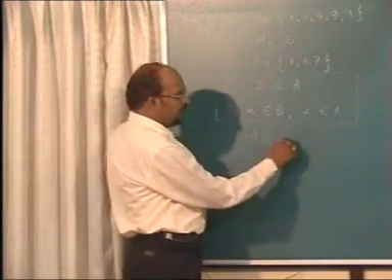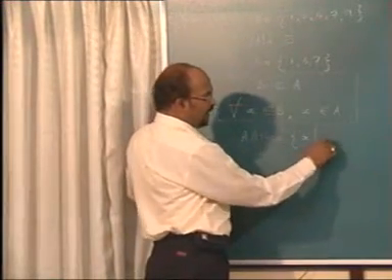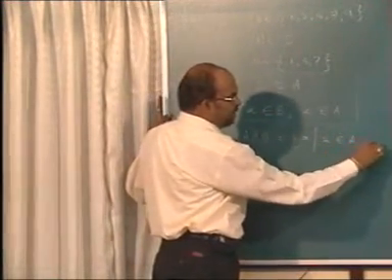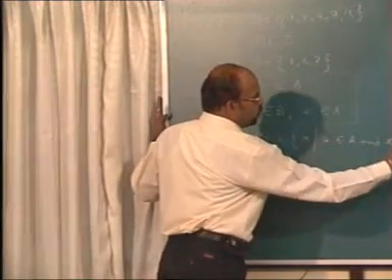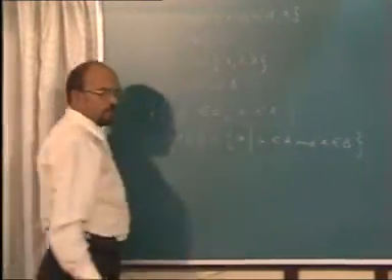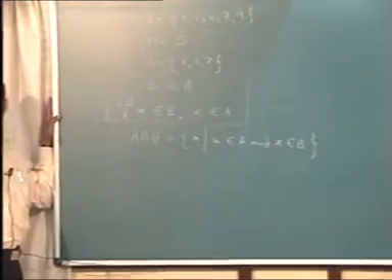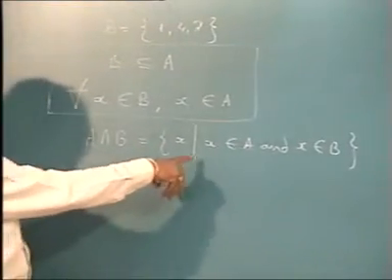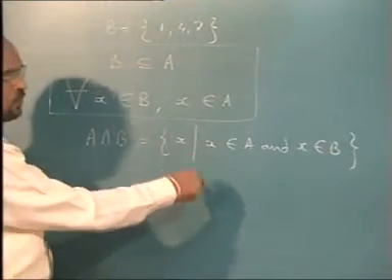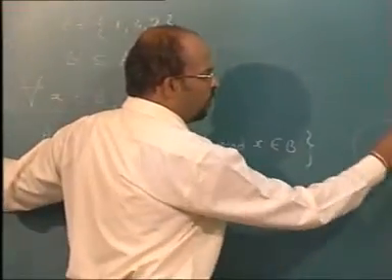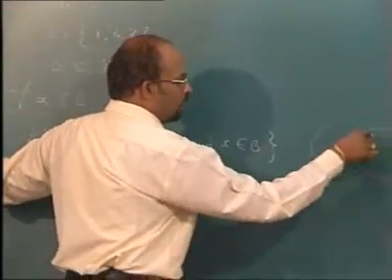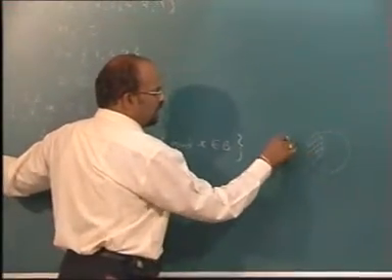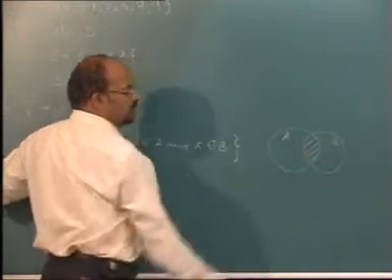A intersection B is X such that X belongs to A and X belongs to B. Both conditions should be true. That means X belongs to A as well as B. In the Venn diagram, this is the area indicated as the common elements.